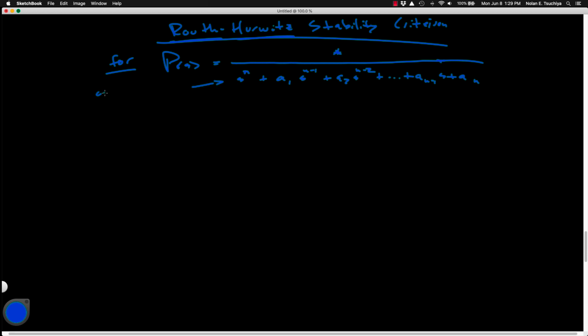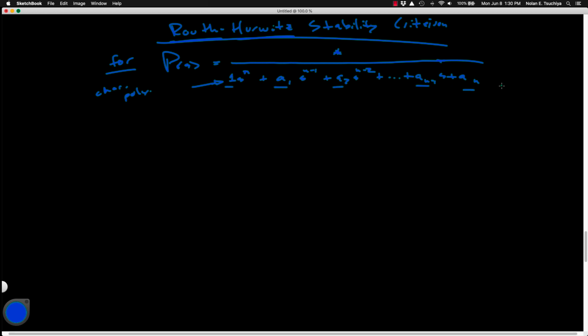The denominator, by the way, if you write the denominator of the transfer function as a traditional polynomial, it's called the characteristic polynomial. For a lot of reasons, right? We know that the characteristic polynomial is one way to compute the poles, and the poles, of course, dictate the behavior of the system. So this denominator of the transfer function is actually very important for analyzing the behavior of the system.